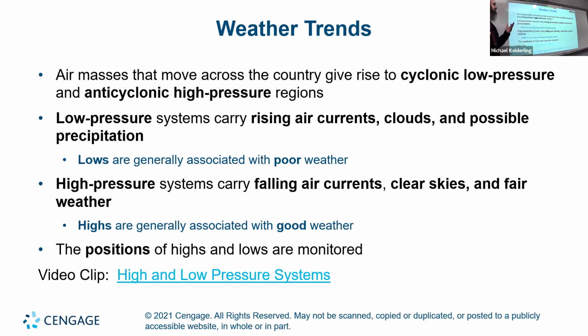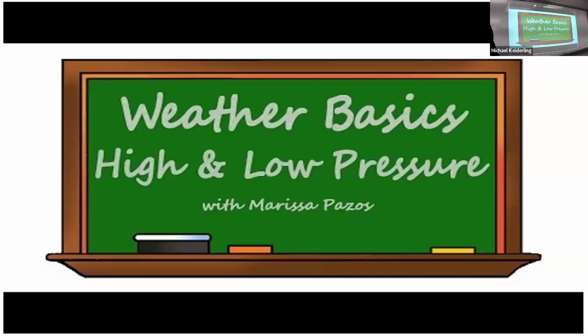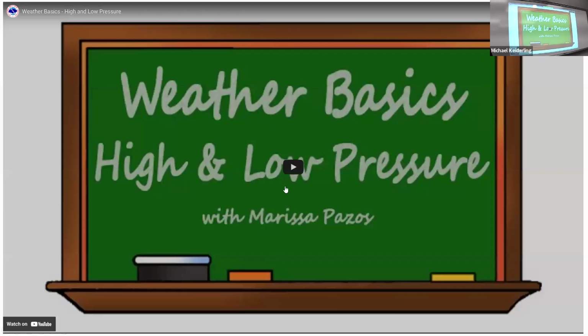High pressure is generally associated with good weather. And the positions of highs and lows are monitored, and they're mapped using something called isobars, which are lines of constant pressure. So here are some high and low pressure systems in this video.